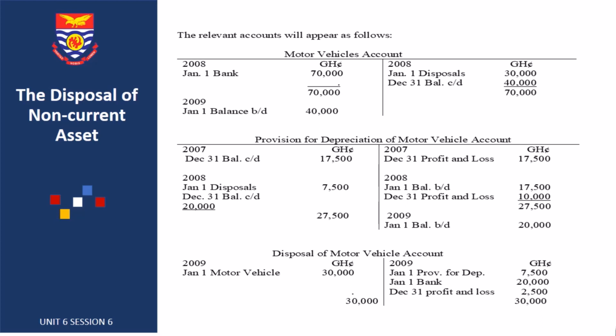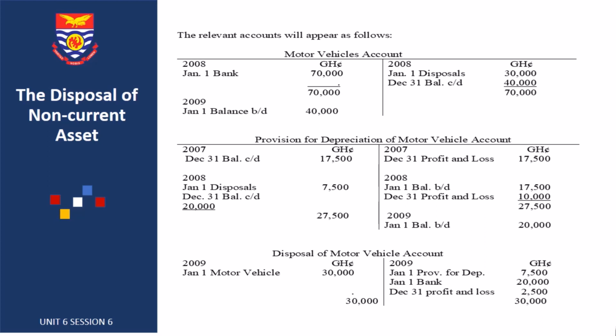Now, again, in the disposal of motor vehicles account, the depreciation charge for the asset that is being disposed, 7,500, will also be credited to the disposal of motor vehicles account. Then the value that is received upon the sale of the asset, which is 20,000, will be credited to the disposal of motor vehicles account.